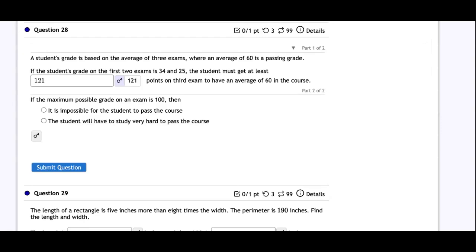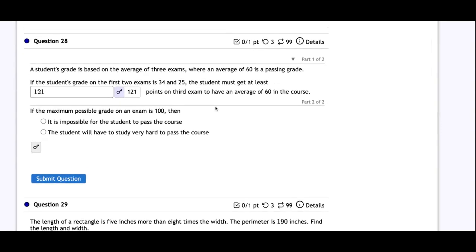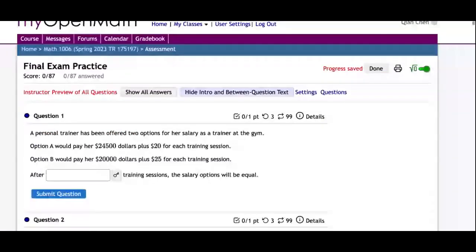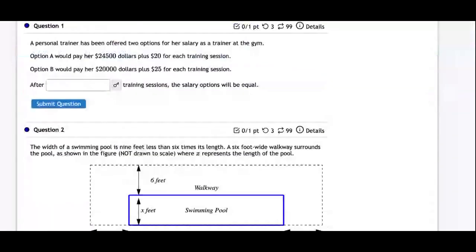Can we go over number 1? Let's see number 1. A personal trainer has been offered 2 options for her salary as a trainer at the gym.